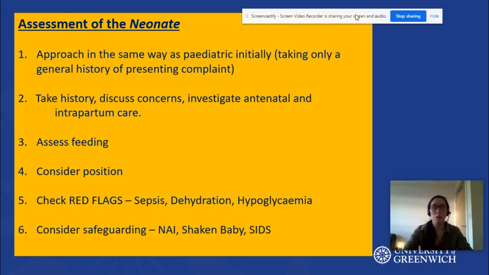After the feeding, we're going to look for signs of pain, and that just means consider the position. So a normal baby will be quite wriggly, etc. A baby with abdominal pain, for example, will be quite crunched up. In amongst those things, so in assess feeding and consider position, you're going to be thinking about digestive illnesses.